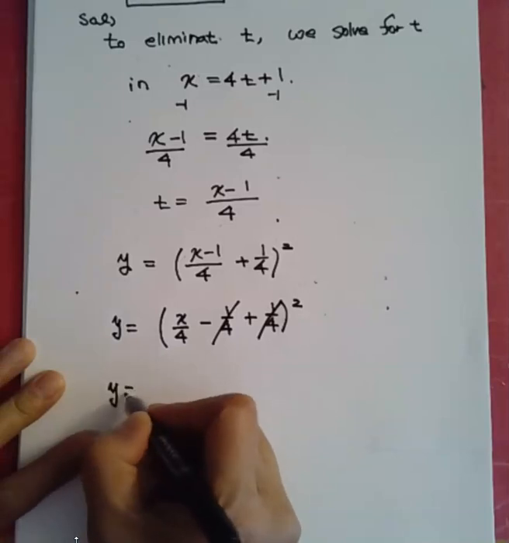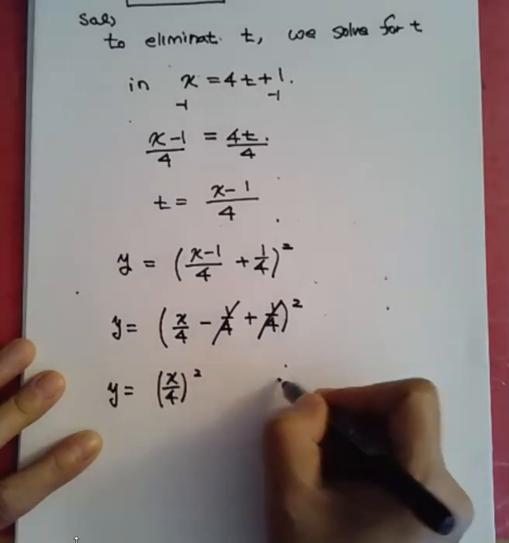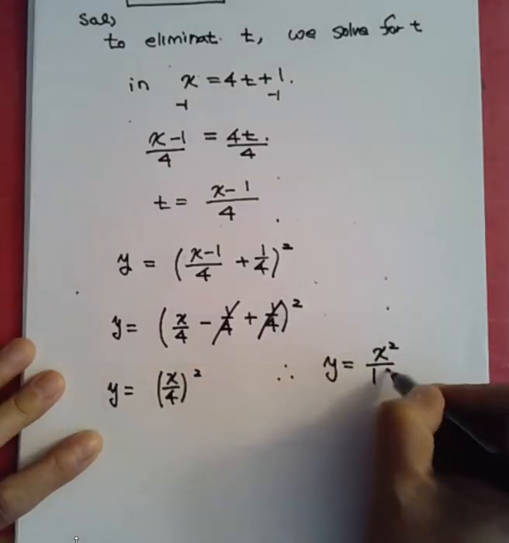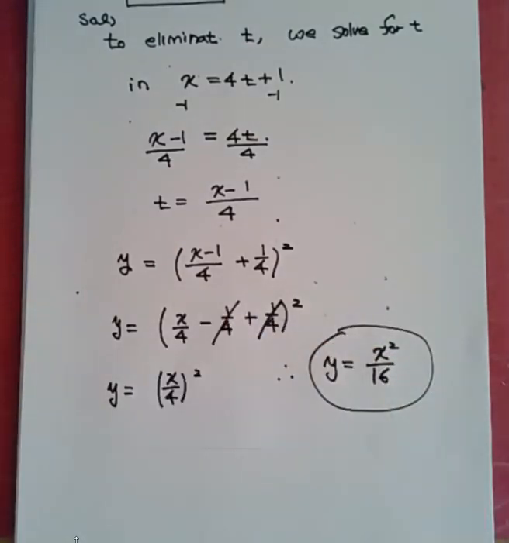So y equals (x over 4) squared. So y equals x squared over 16. We got the rectangular equation that is a parabola. Let's shape the parabola after we fill out the table.